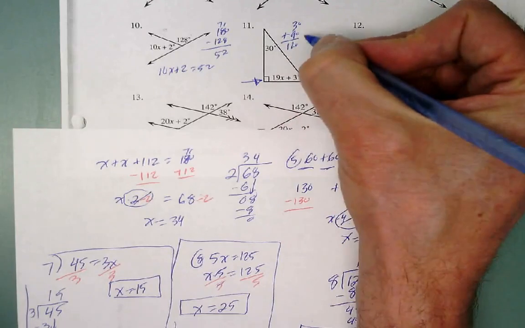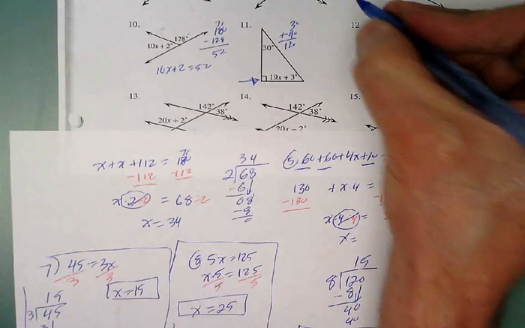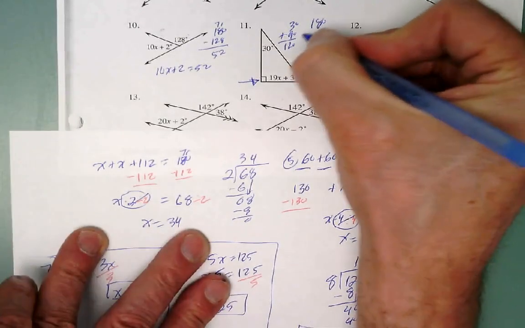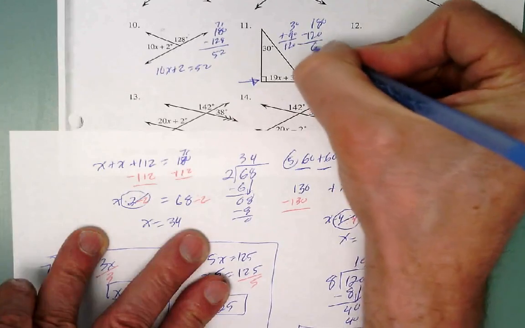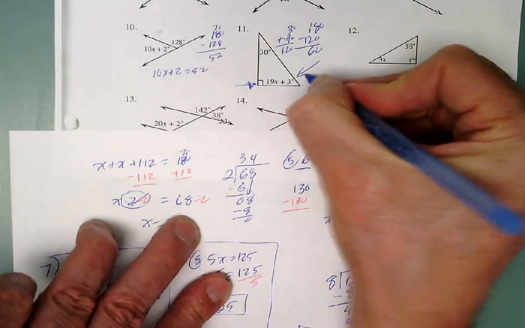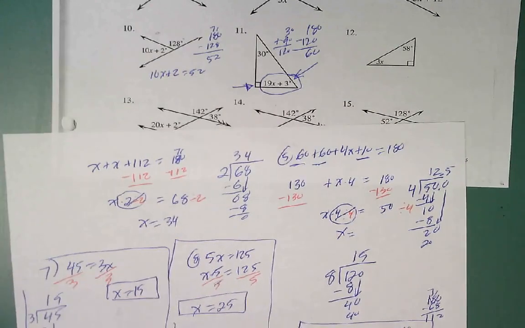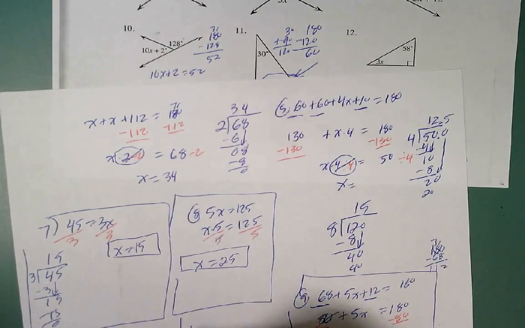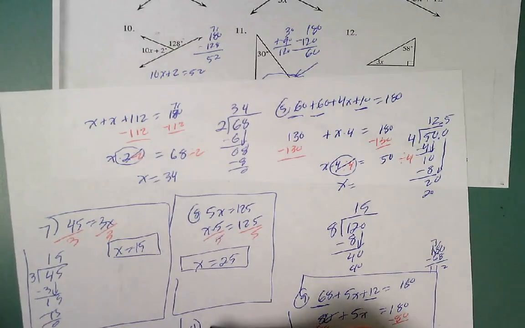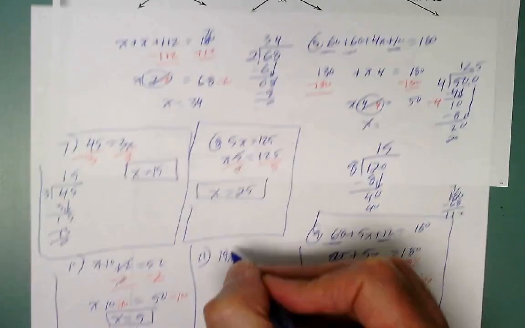I'm going to do 180 minus 120 is 60. So this angle is 60, and that's 19x plus 3. So on number 11, I'm writing here 19x plus 3 equals 60.